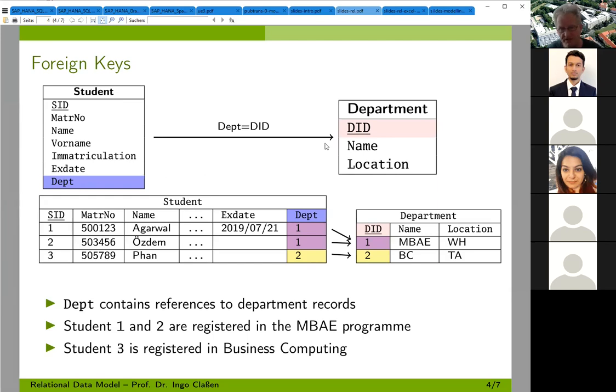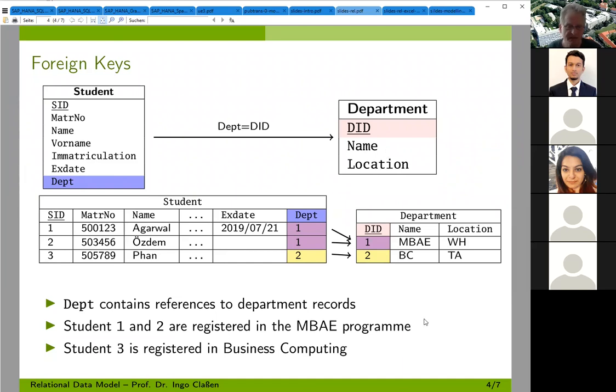On this arrow here, depicting the relationship between those two tables, I give the information which columns are connected. Dept equals DID. That means the department column is pointing to the DID column. So the foreign key column department is pointing to the primary key column in the department table, which is called DID. So in having this graphical representation, you immediately see how things are connected.